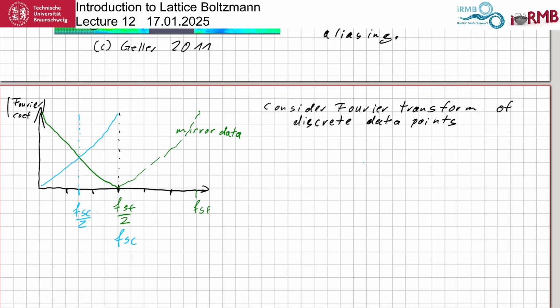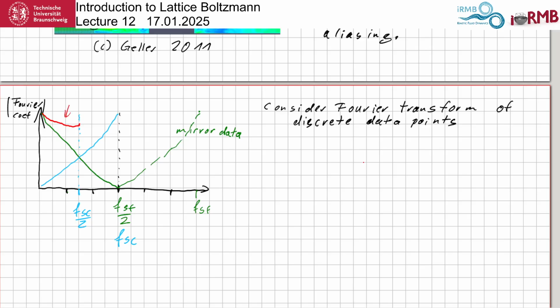Now, of course, it does not actually look like this, because these two things now overlap. So if they overlap, what you actually have is that inside this low frequency part, this is the frequency that you see.